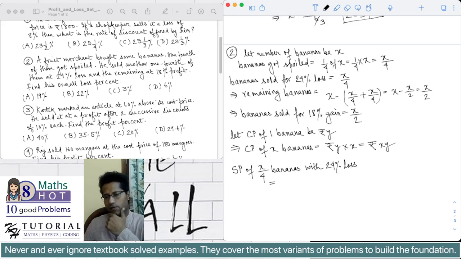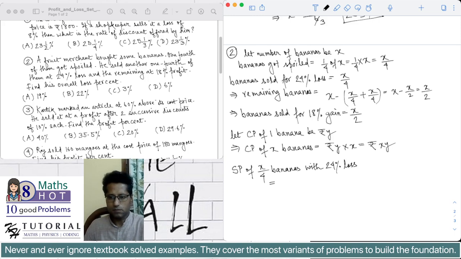Whenever there is a gain or loss percent, that loss or gain percent is never dependent on the actual number of articles. So if the gain percent for 10 articles is, let's say, 5%, then the gain percent for 20 articles will also be 5%.